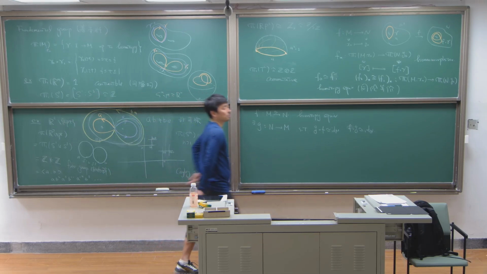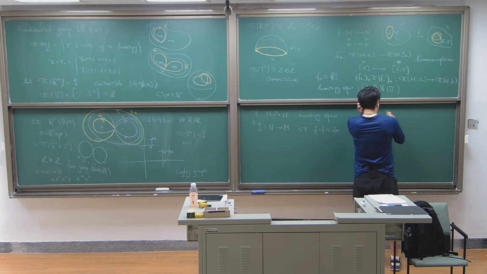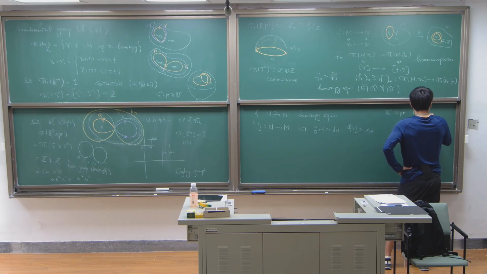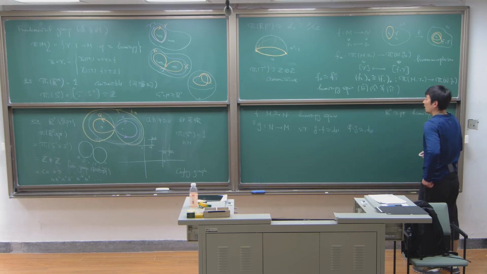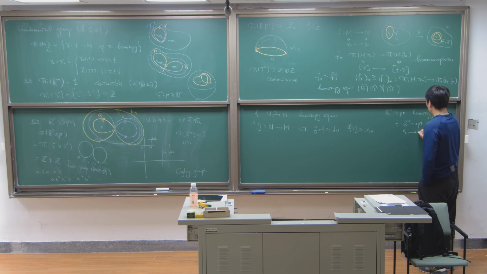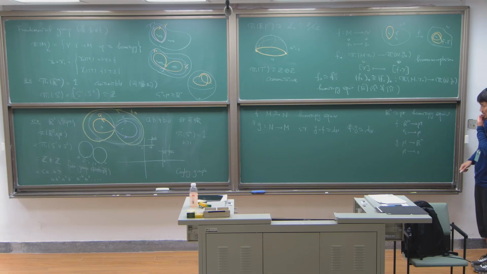For instance, Rn and a point are homotopy equivalent. The map f from Rn to a point sends any point to the point, and the inverse from the point to Rn is just the inclusion, point goes to 0, the origin. They are homotopy equivalent. It's just a contraction.